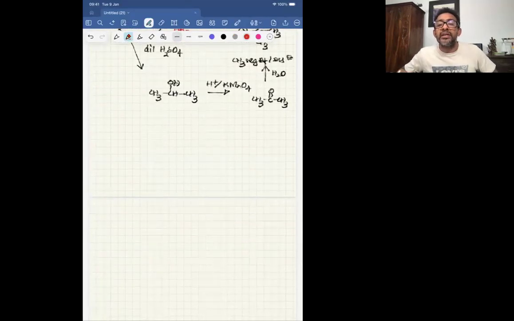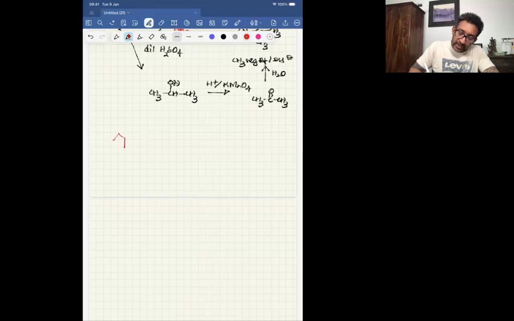Who reacts faster in Lucas reagent? These two compounds. This is CH2OH. This one. Who reacts faster? Seems to be a tricky question. Who reacts faster?